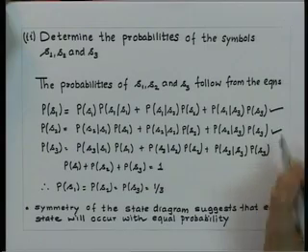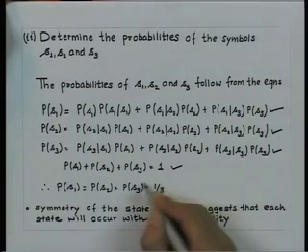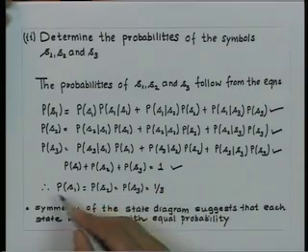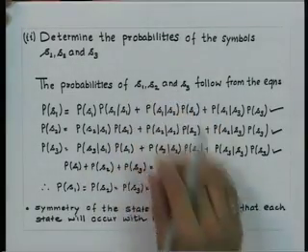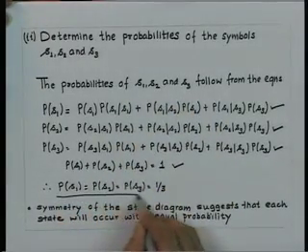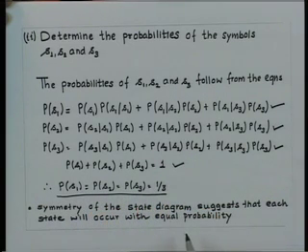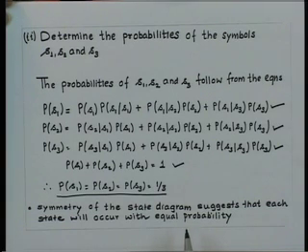And similarly this equation follows for symbol S2 and symbol S3, and I know that probability of S1 plus probability of S2 plus probability of S3 is equal to 1. Therefore, if I substitute these values, if I solve all these equations, what I will get is this result. Probability of S1 is equal to probability of S2 is equal to probability of S3 is equal to 1/3. Now, because of the symmetry of the state diagram, this result was expected. So, the symmetry suggests that each state will occur with equal probability.